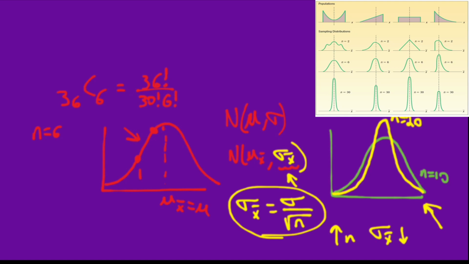The one last word of caution I'll bring up at this point, because we are now talking about the standard deviation of the sample means, is that we don't always know this value, the standard deviation of the population, just like we don't always know the population mean. In fact, oftentimes we don't, because that's maybe why we're taking the sample. We're curious what the mean height of our class is.